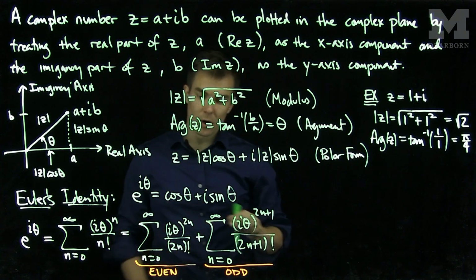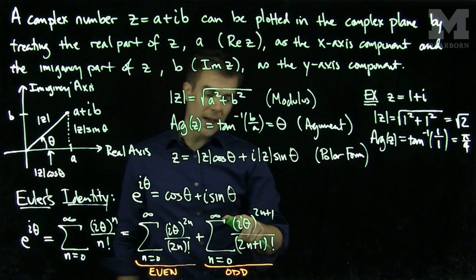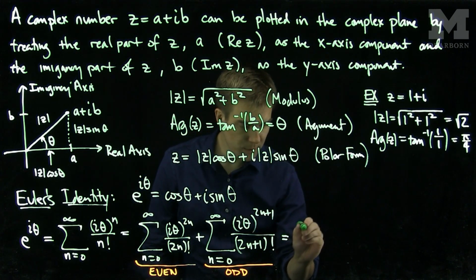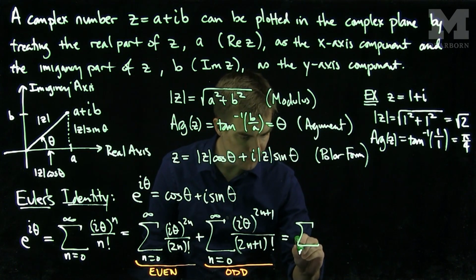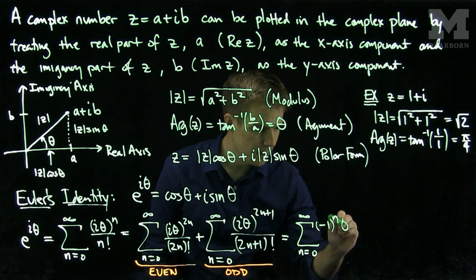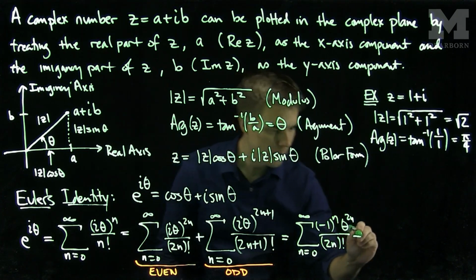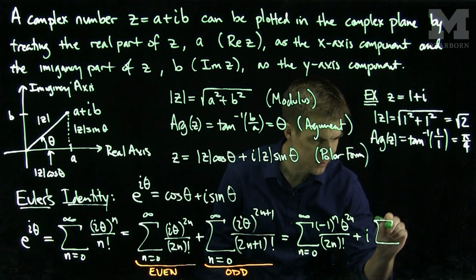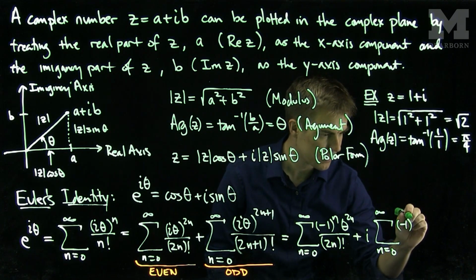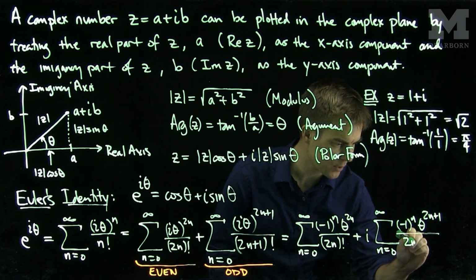Now, from the previous video, we know that even powers of i are either positive 1 or negative 1, and the odd powers of i are either positive or negative i. So I can simplify this as the sum, n goes from 0 to infinity, negative 1 to the n, theta to the 2n over 2n factorial, plus i, the sum, n goes from 0 to infinity, negative 1 to the n, theta to the 2n plus 1 over 2n plus 1 factorial.